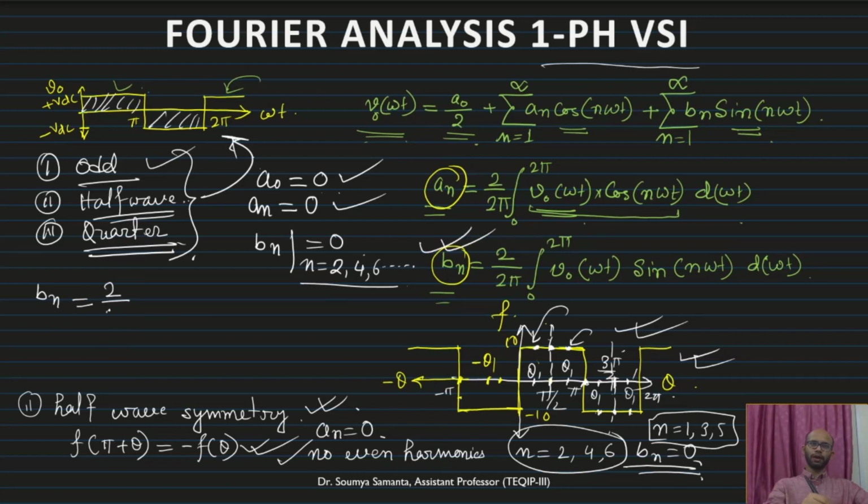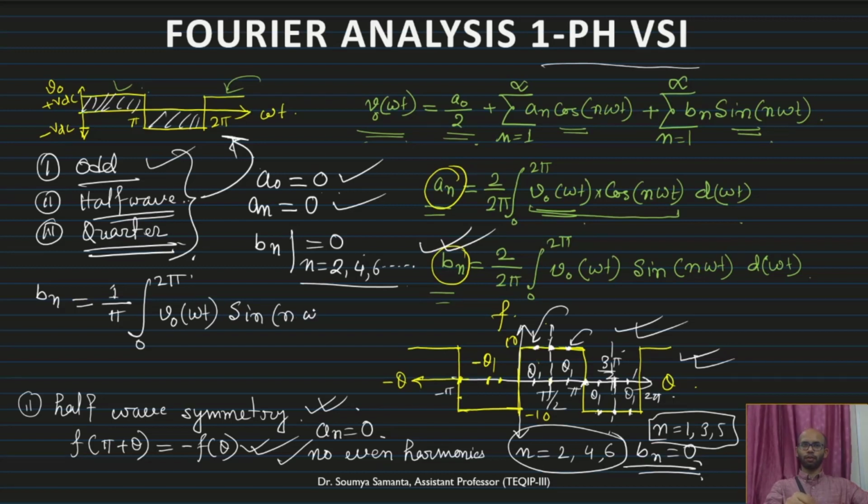That is 1 by pi, integral from 0 to 2 pi of V naught function of omega t, sine of n omega t, d omega t.